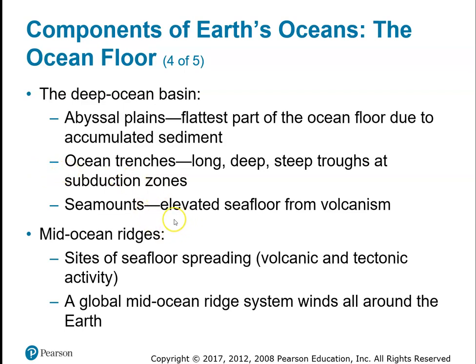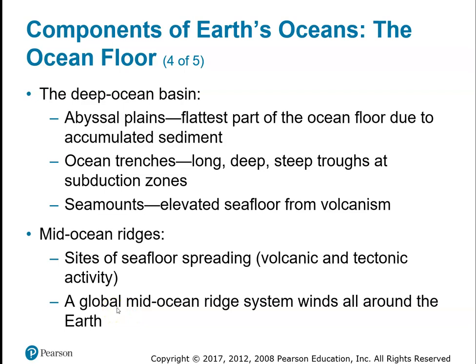All right, so the ocean ridges are where you have these mountain ranges, the volcanic activity, tectonic activity. These are all over the planet. You can think of them like the seams on a baseball.